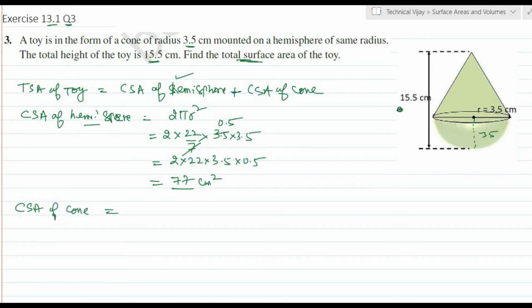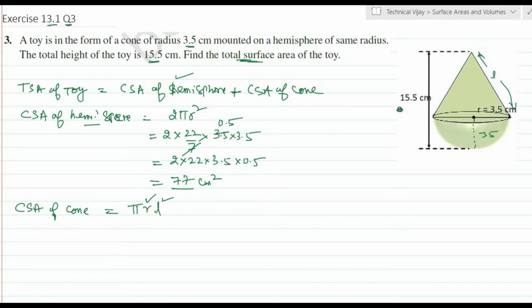Now we have to calculate the cone's surface area. The curved surface area of the cone, as we know, is equal to pi r l, where r is the radius and l is the slant length. We know the radius, and l we don't know.